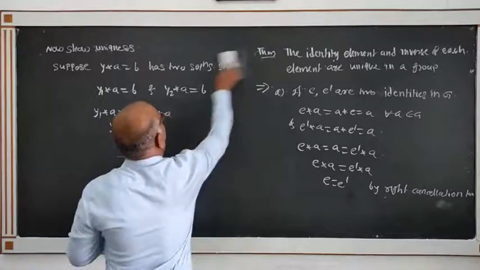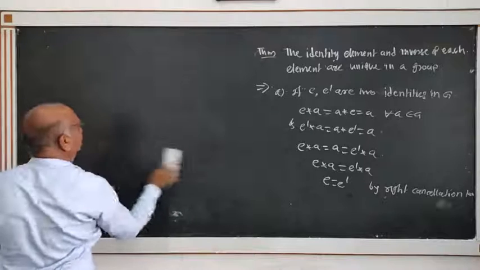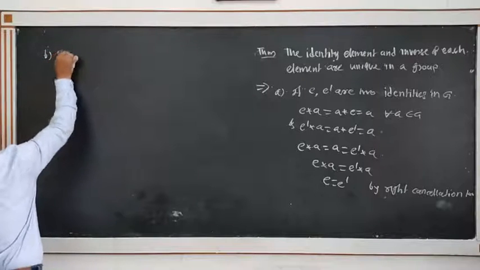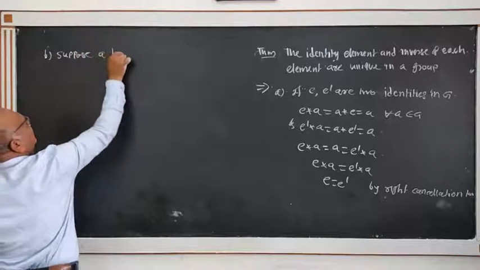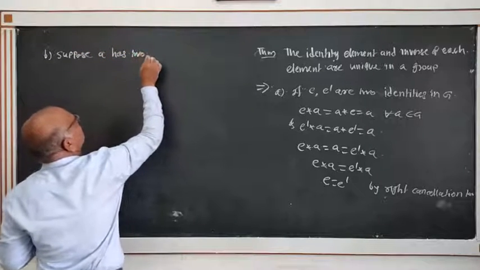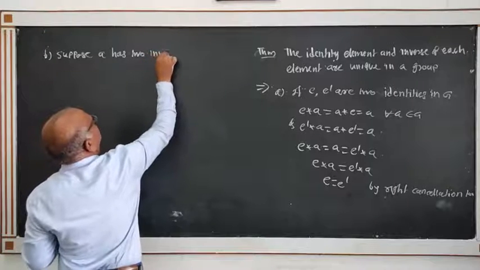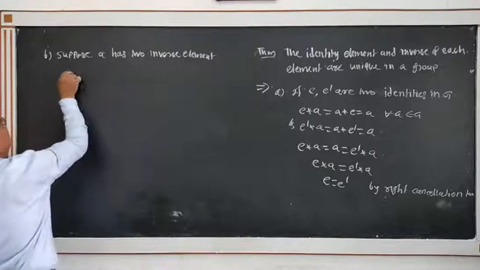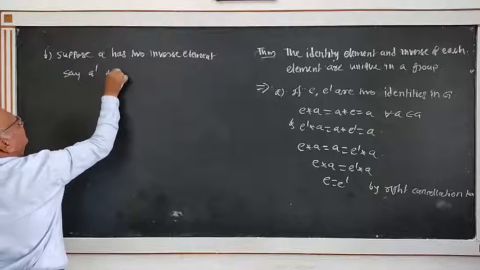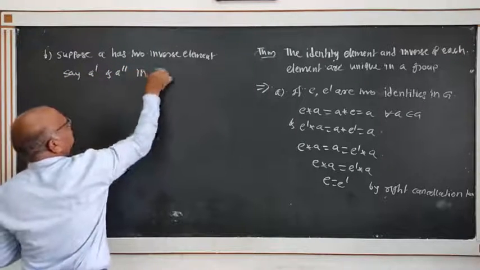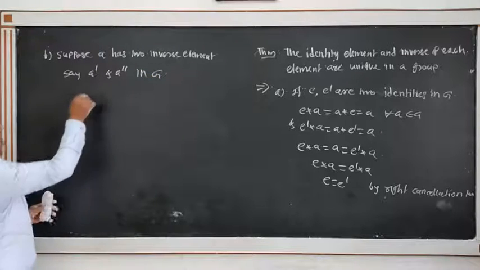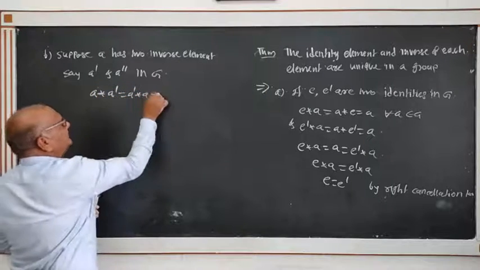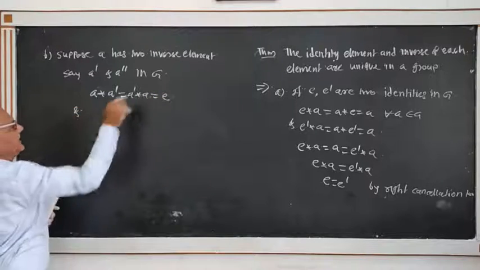Similarly, second, unique inverse. Suppose A has two inverse elements, say A dash and A double dash in G. That means A star A dash is equal to A dash star A is equal to E, and E is the identity.